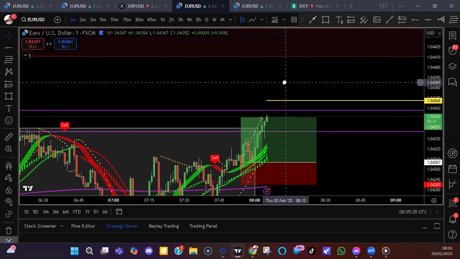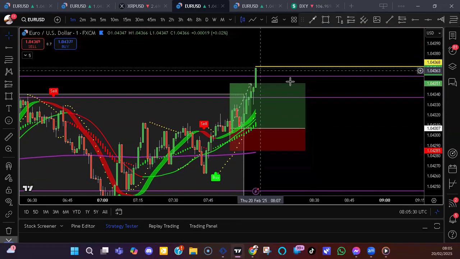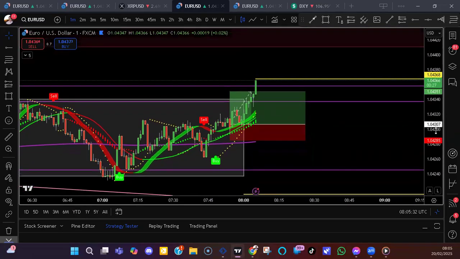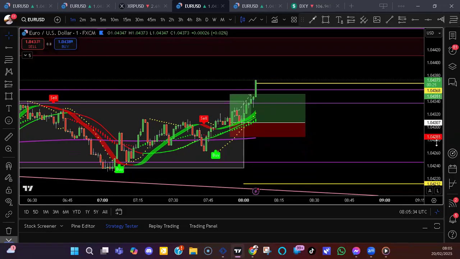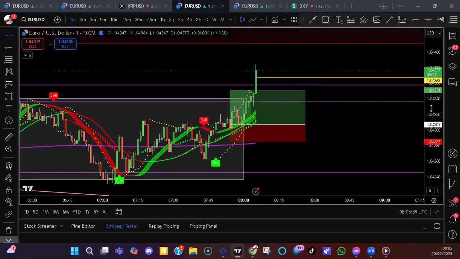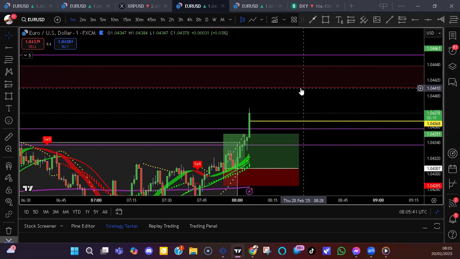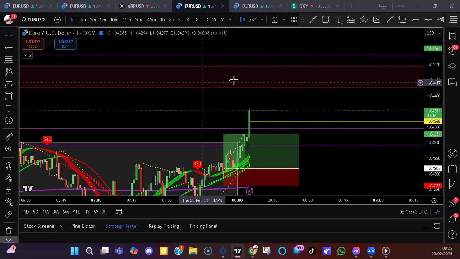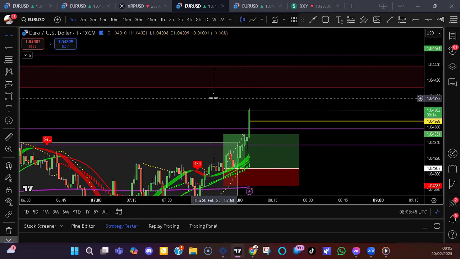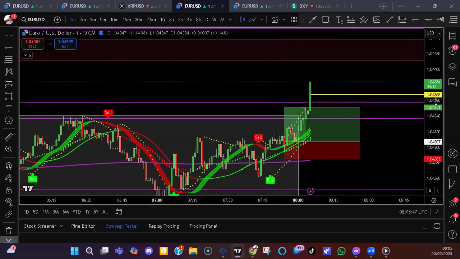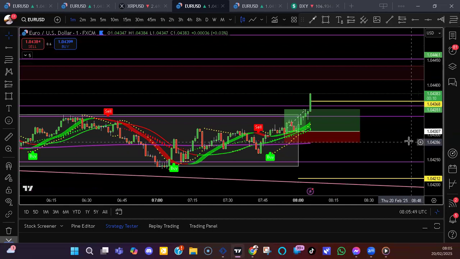So any sell, I wouldn't be very happy about taking a sell because of what we've seen previously on the higher time frame, and also we've got all these areas here that we know price will get to at some stage. Why not now or within the next few hours?